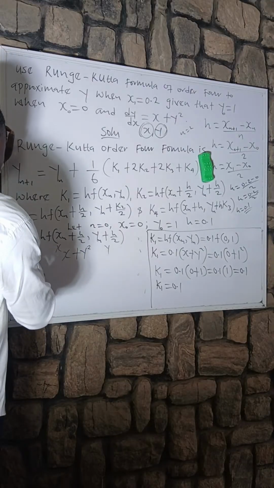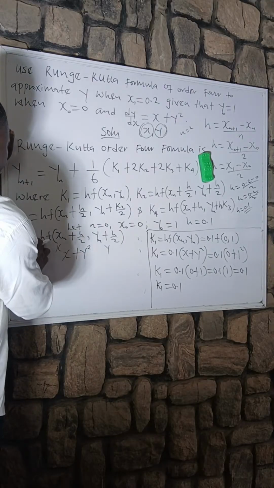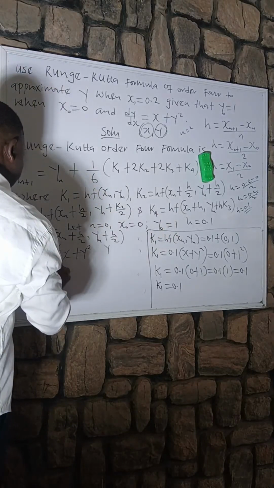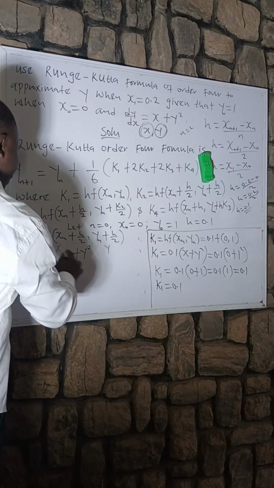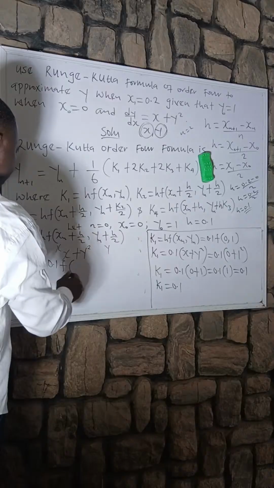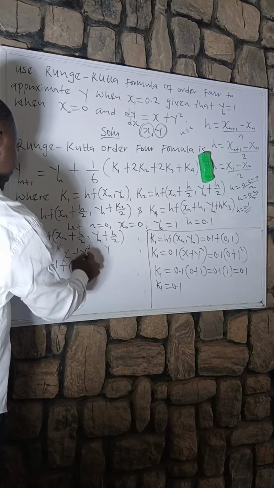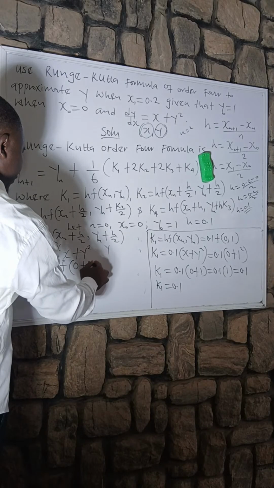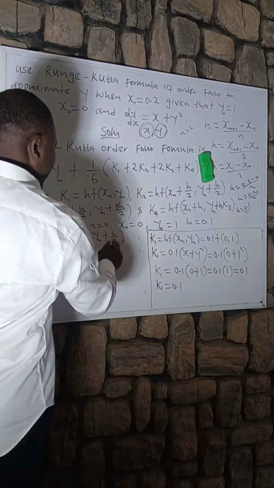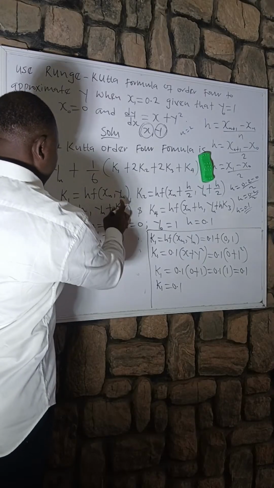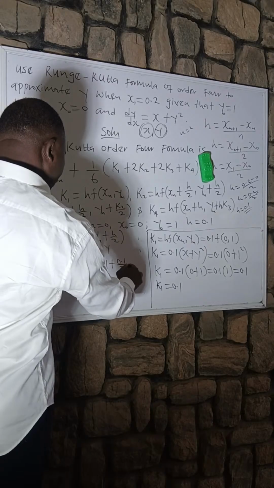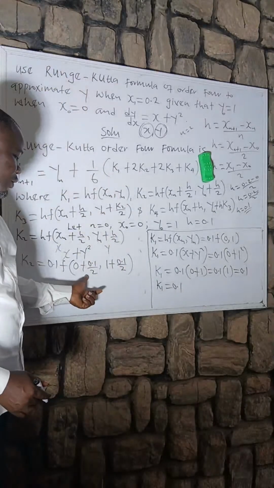Our K2 will now be equal to our H, which is 0.1, times F of X naught, which is 0, plus H over 2, which is 0.1 over 2, comma Y naught, which is 1, plus H, which is 0.1 over 2.